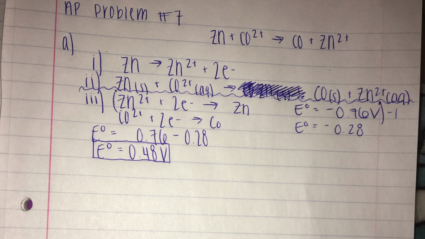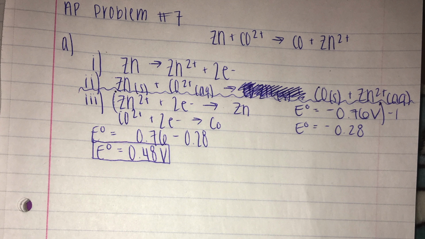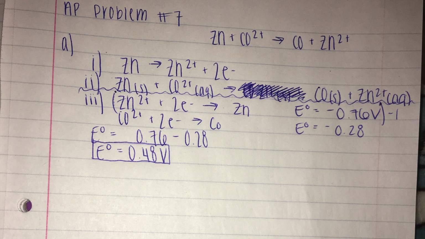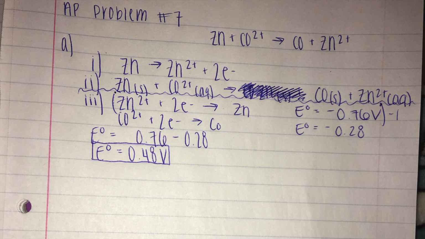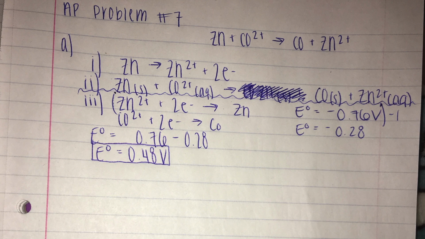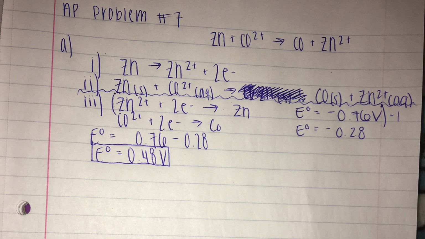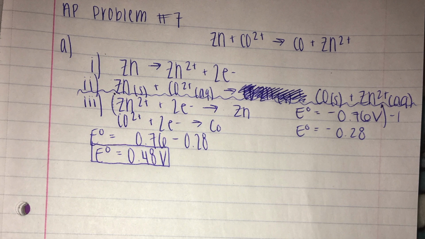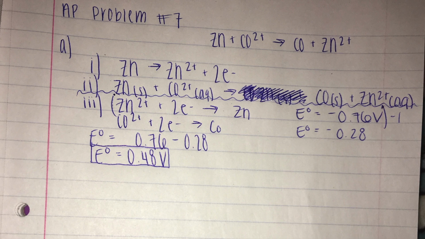To calculate the standard potential energy of the overall reaction, we add the standard energy of the oxidation reaction plus the standard energy of the reduction reaction. In this case, zinc is oxidized and cobalt is reduced. The oxidation half reaction is zinc solid forms zinc 2 plus ions plus 2 electrons, and the reduction half reaction is cobalt 2 plus ions plus 2 electrons yields solid cobalt.